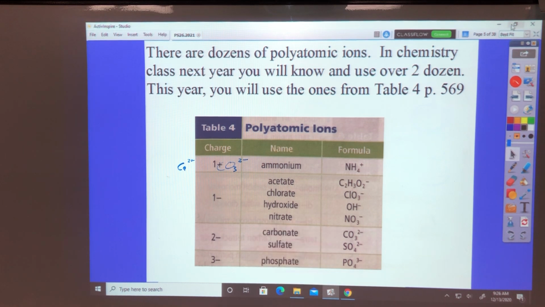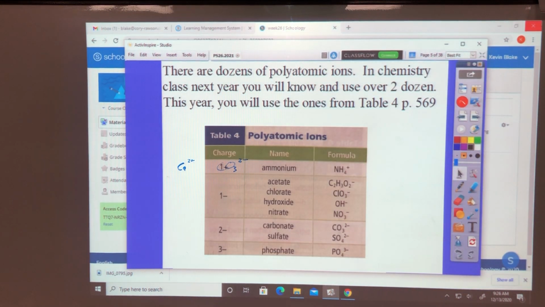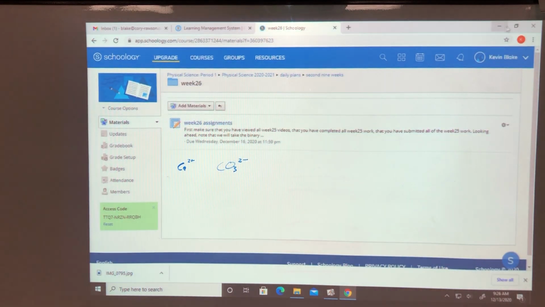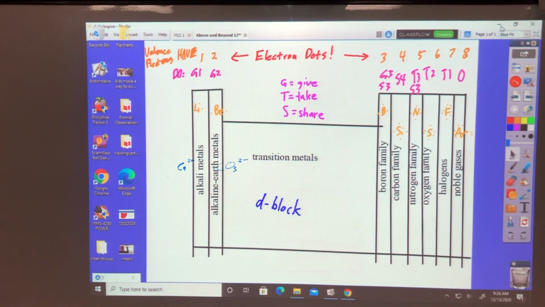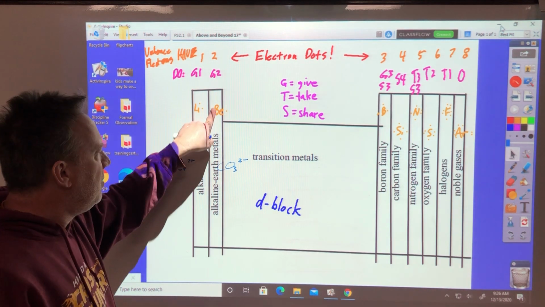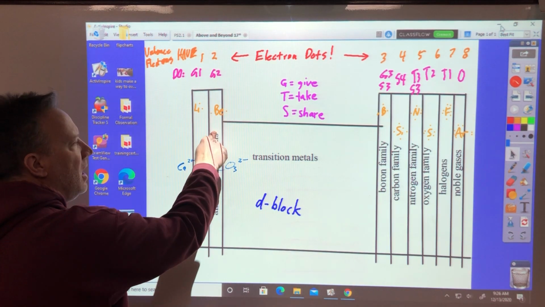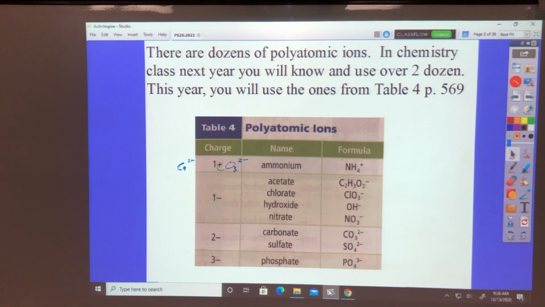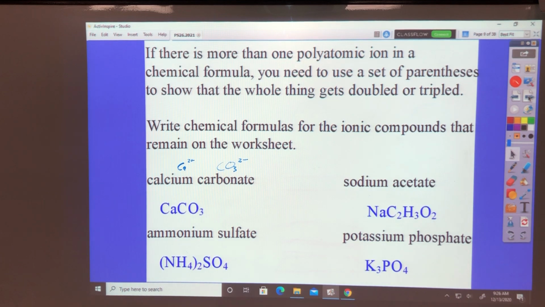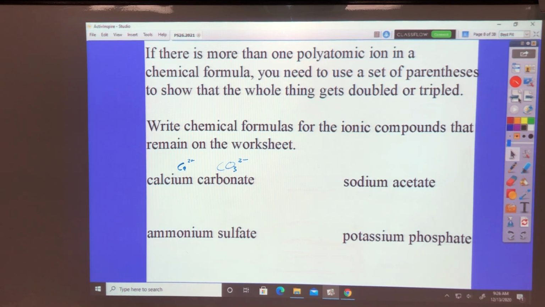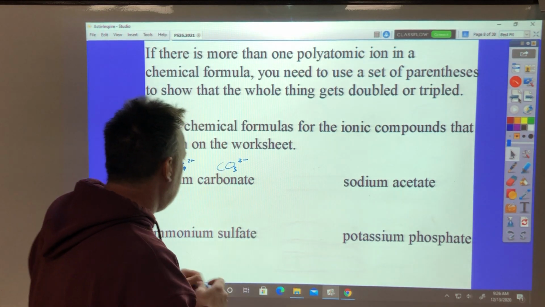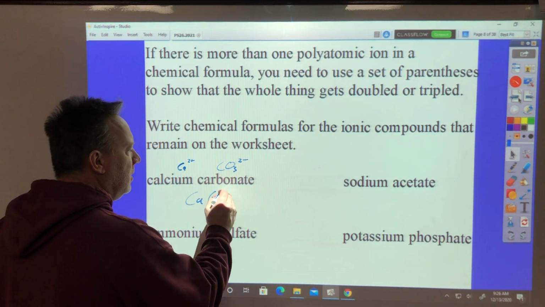Okay, calcium is here, 2 positive. So how do you do that one? It gives 2, took 2, it's a match, CaCO3.